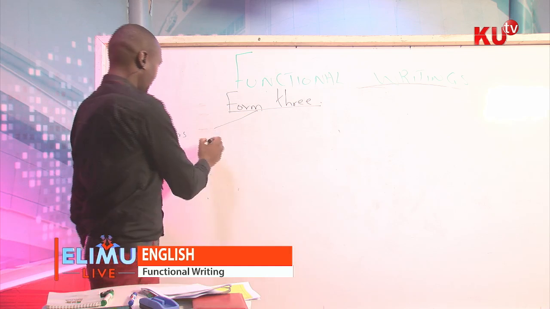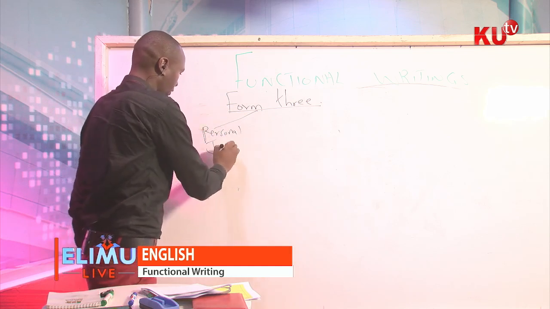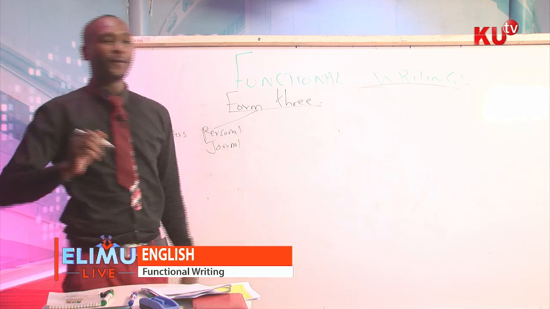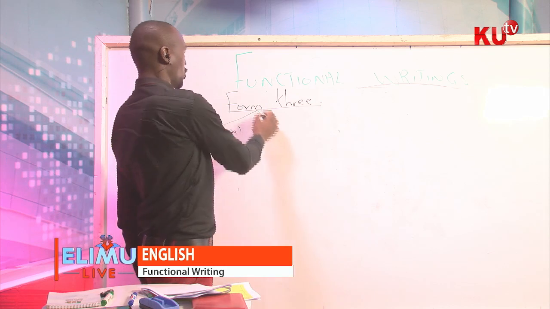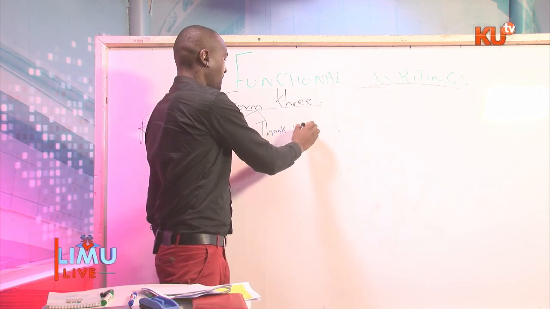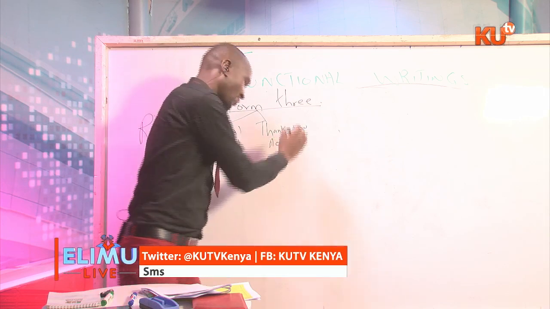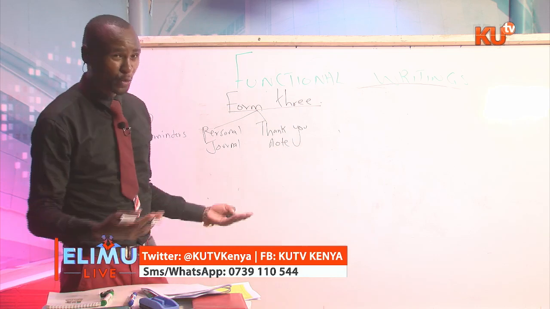Then you have, again, the personal journal. You started it in Form 2. You will still cover it again in Form 3, personal journal. Then the thank you note. Once somebody congratulates you, you write a thank you note.